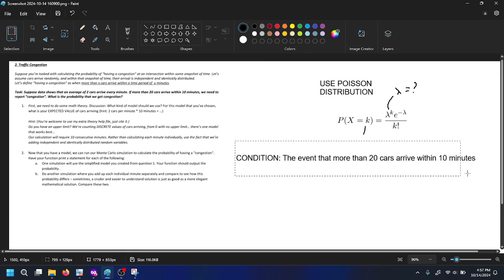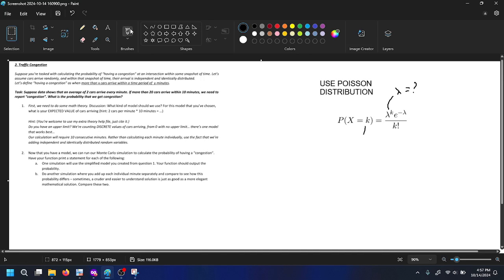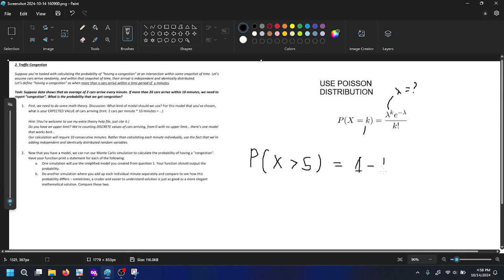A couple more hints I'll give you. The next hint is this. We want to find the probability that x is bigger than 5, for example. What I'm saying here is we want to find the probability that a Poisson random variable is greater than 5. That's equivalent by probability rules to 1 minus the probability that that random variable is less than or equal to that same value 5.